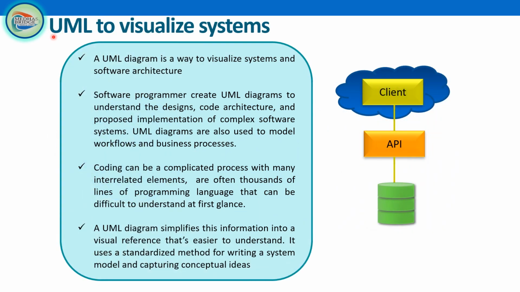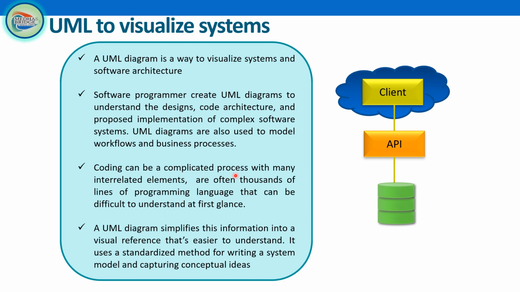UML to visualize systems. A UML diagram is a way to visualize system and software architecture. A software programmer creates UML diagrams to understand the designs, code architecture, and proposed implementation of complex software systems. UML diagrams are also used to model workflows and business processes.